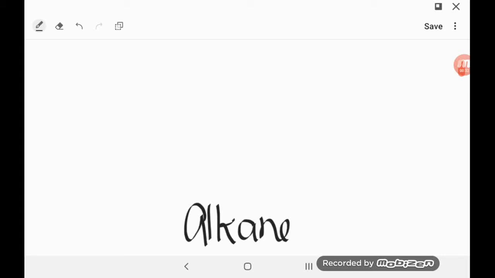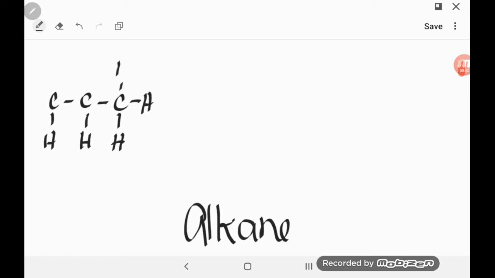Here is an example of an alkane. This is a Lewis structure of an alkane, which can also be written in this manner.